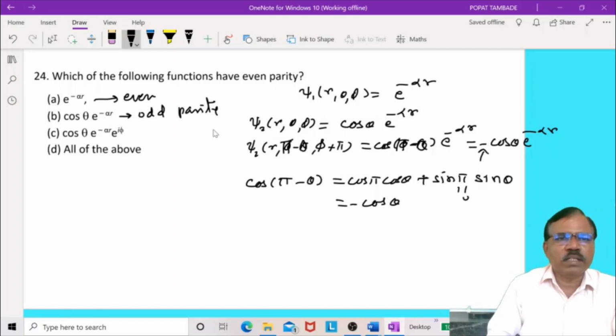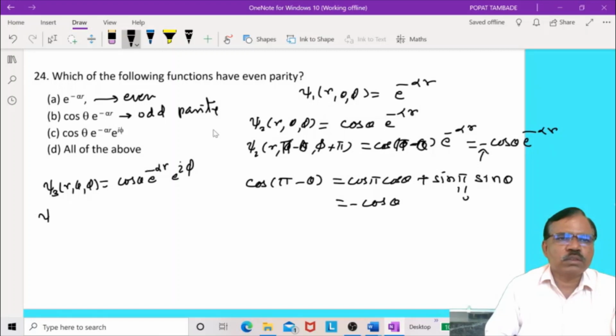Now the third one, psi 3 r theta phi is equal to cos theta e raised to minus alpha r e raised to i phi.